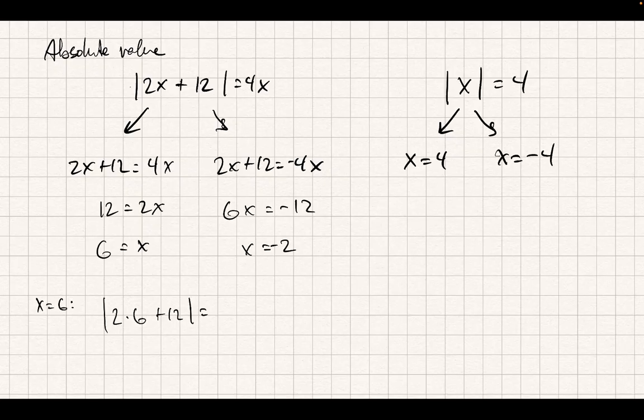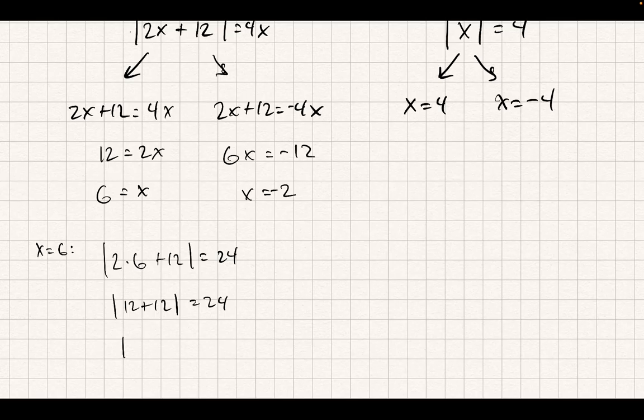All right, let's check x equals 6. 2 times 6 equals 12, so that's the absolute value of 12 plus 12 equals 24, which works out perfectly. But if we do negative 2, it would be 8 equals negative 8. That's not it. So negative 2 doesn't work.